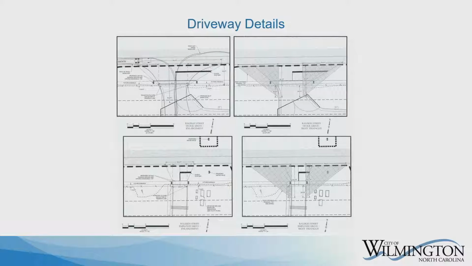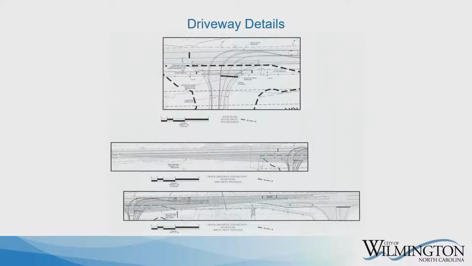To me, I would get a little more comfort based on what we'll see on the River Road driveway if that were also shown, to show the interaction of a right-turning truck and a left-turning truck at the same time. I believe we did show that on the other slide. I believe that's the River Road driveway, is that correct?